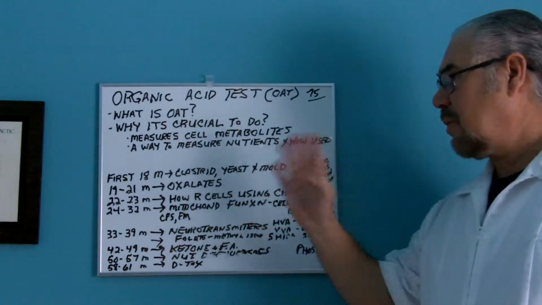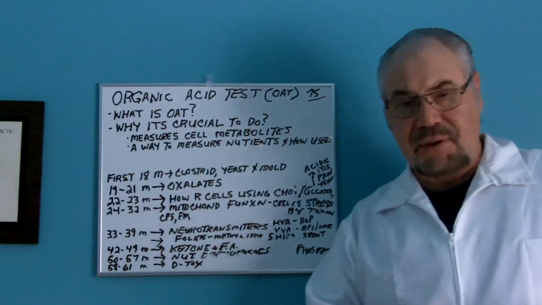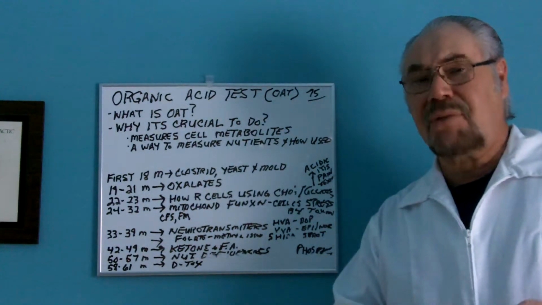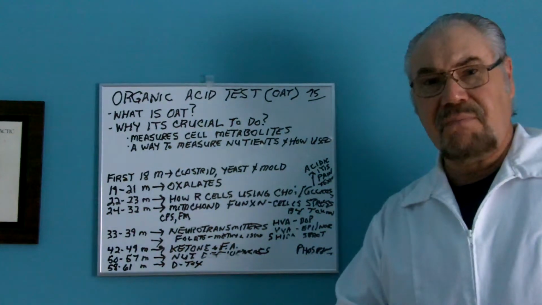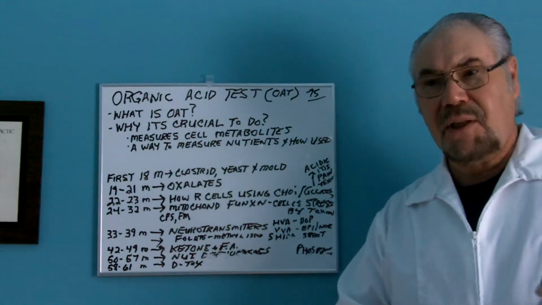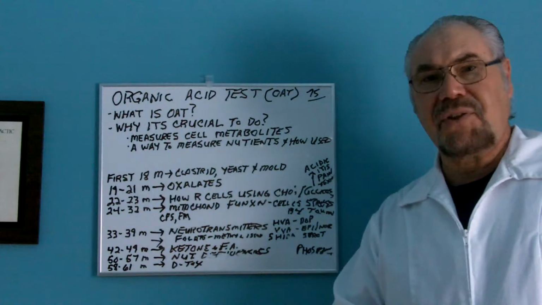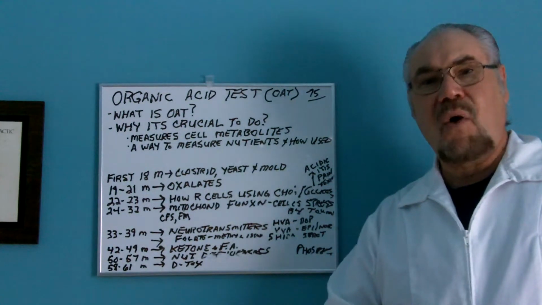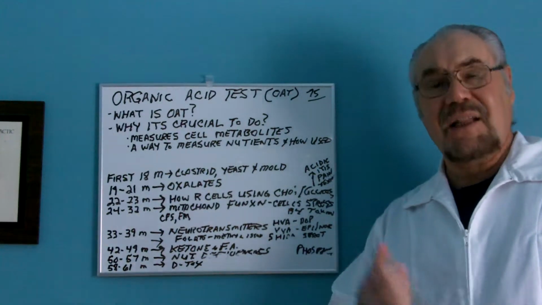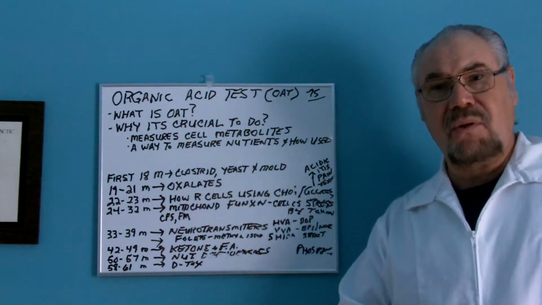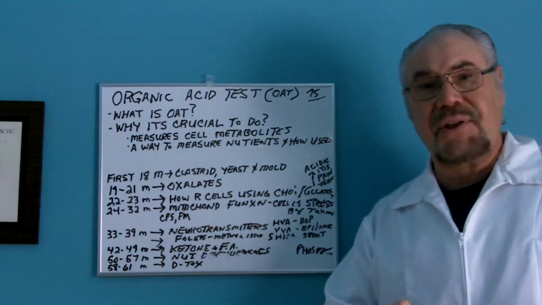Now, Clostridia is a bacteria that is usually found in children that have autism, behavioral problems, learning disabilities, dyslexia, things of this nature. These kids often are found with a Clostridia infection. I wish the medical community would be more on this, but they're just not.